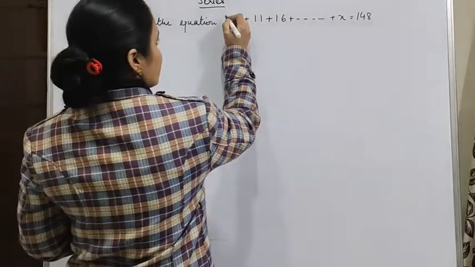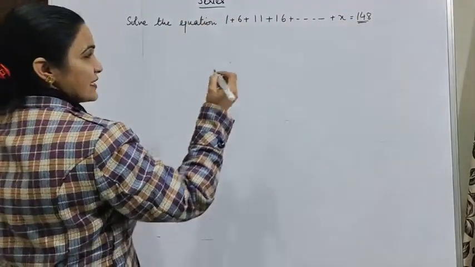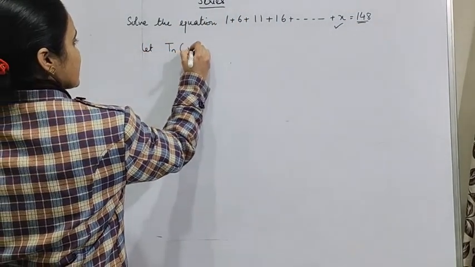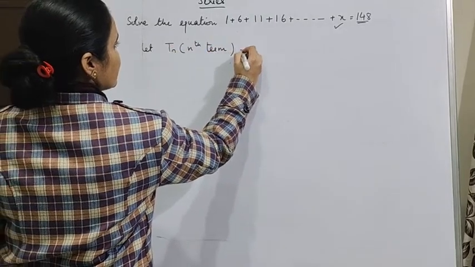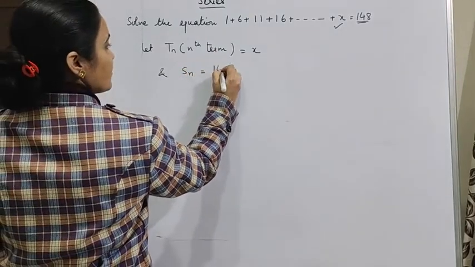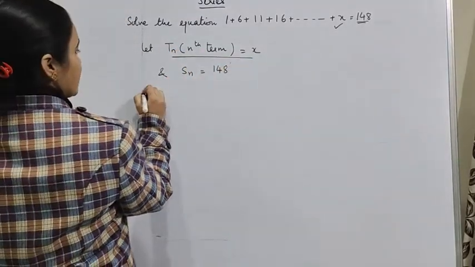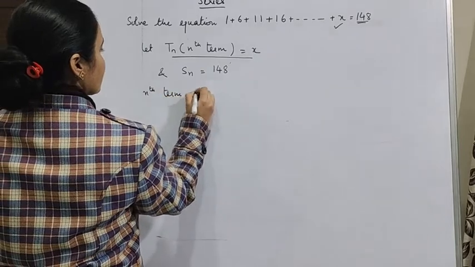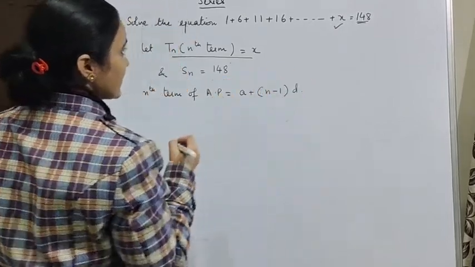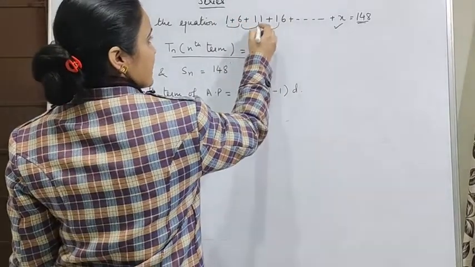Solve this equation. What we have is the sum of n terms as 148. So let us take x to be the nth term. Let Tn, that is the nth term, be equal to x, and the sum of n terms Sn is 148. Let us now apply the formula for the nth term of an AP: A plus (n minus 1) times D. What is the common difference here? 6 minus 1 is 5, 11 minus 6 is 5, 16 minus 11 again 5.